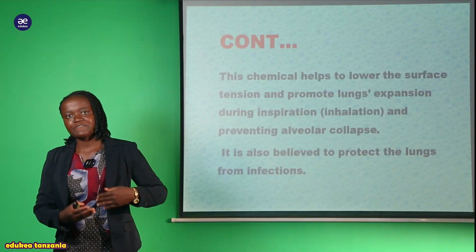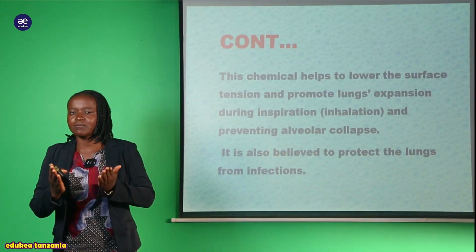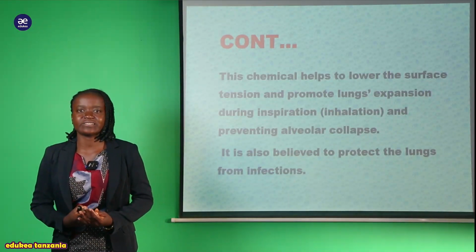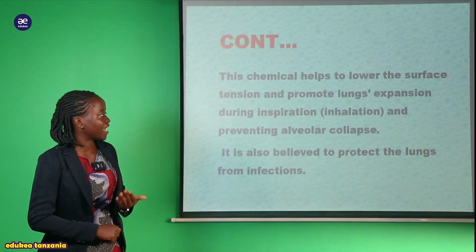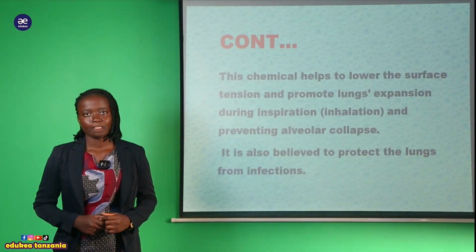So pale ambapo surface tension inakaa within the lungs ndipo ambapo tunasema kwamba mtu anaweza kavuta hewa kwa urahisi zaidi na kutoa hewa kwa urahisi zaidi, and hence ina prevent the alveolar collapse.